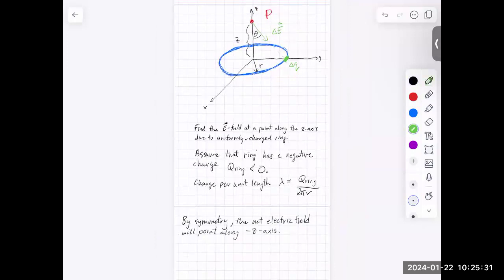So what we could do is draw that component of our electric field. And so this would be delta E times cosine of theta. Okay, good.